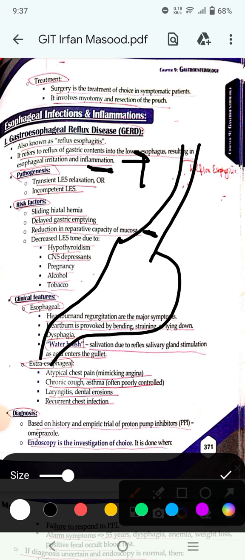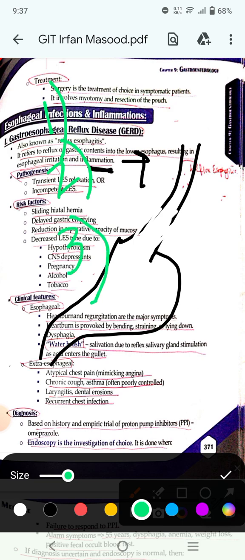Whenever there is fibrous tissue formation, it will cause stricture formation here. It will cause narrowing of the lower portion of the esophagus. There is no need to cram the complications. Just remember that number one complication is esophagitis. Number two is that an ulcer can form. Number three, due to repeated healing and repeated fibrous tissue formation, there can be stricture formation, right?